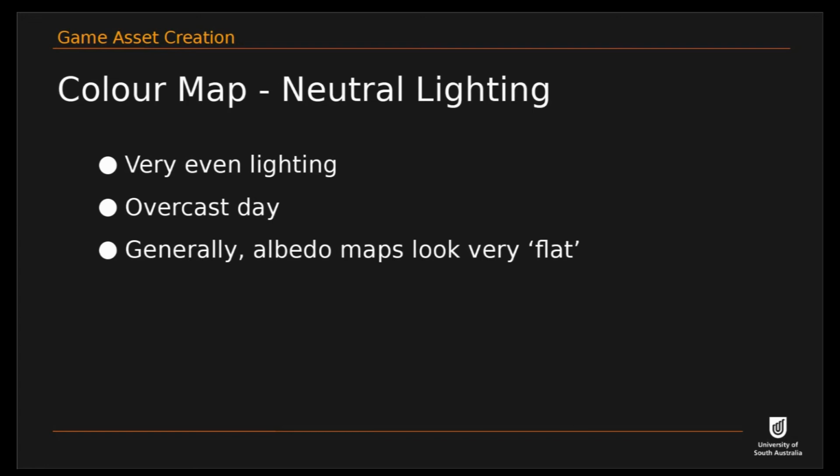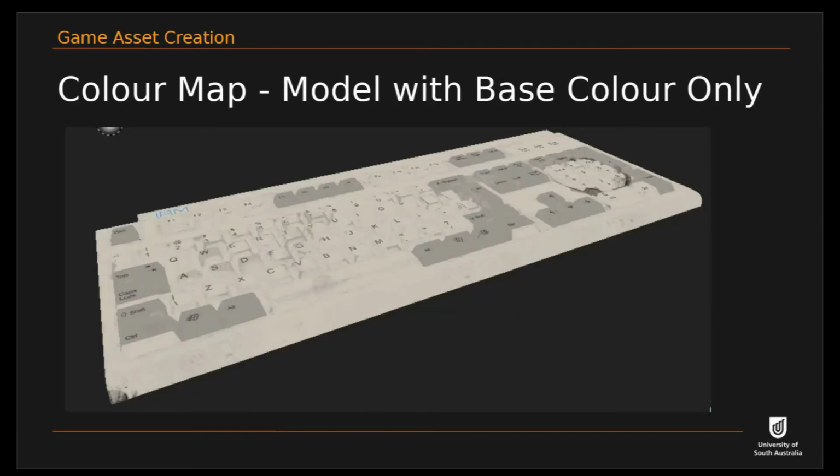Neutral lighting, as I mentioned, best bet is to take photos or reference on an overcast day outside, and generally color maps end up looking very, very flat. So if we look at this example here with just the base color, there's some of the dirt and grime and grunge on various keys because of the keyboard. To make reference of the history of the object, it looks like whoever did this texture was referencing someone who puts their coffee cup on the number pad.